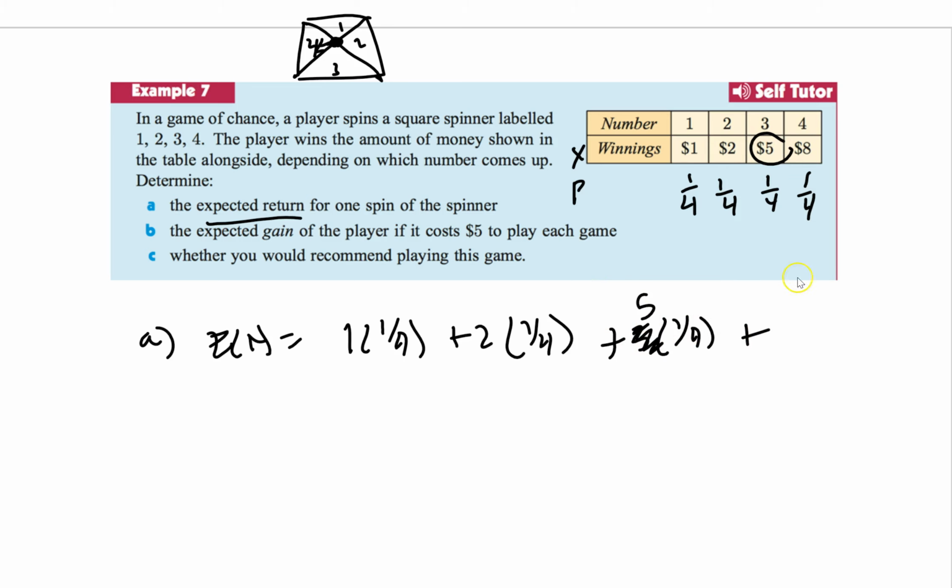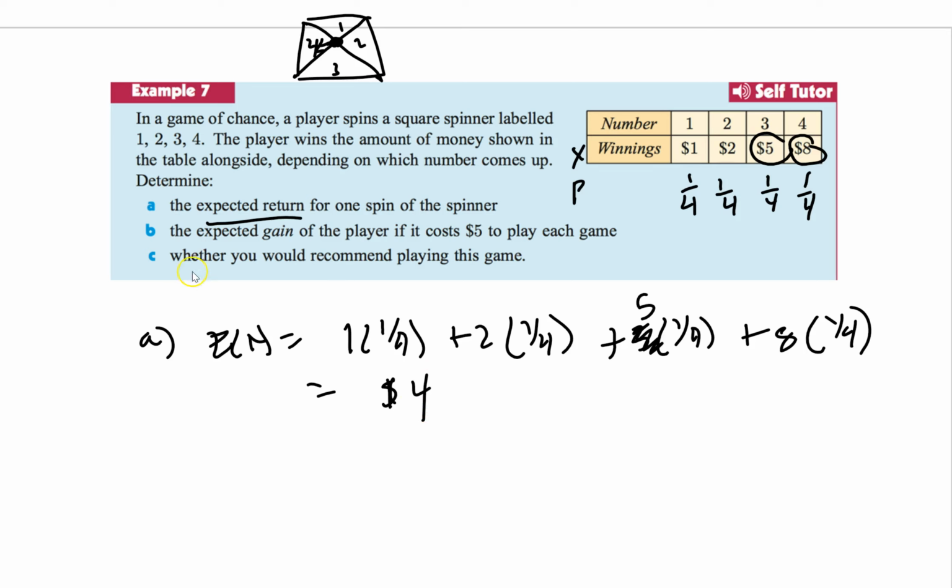So $5 times 1/4, and if it lands on 4, you actually get paid $8. Big winner. If you add these all together, you can factor out the 1/4. 8 plus 5 is 13, plus 2 is 15, plus 1 is 16. 16 divided by 4 is just $4. So that's your expected value. Every single time you spin it, you expect to win on average about $4.